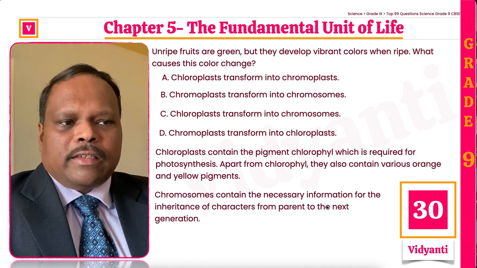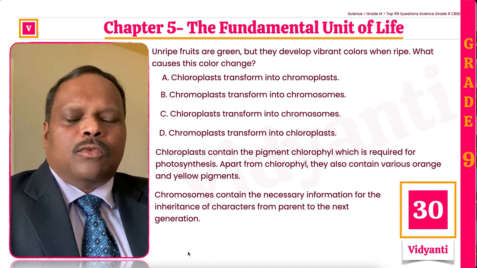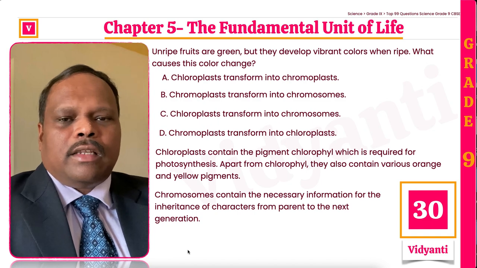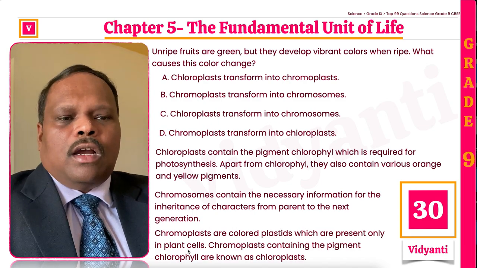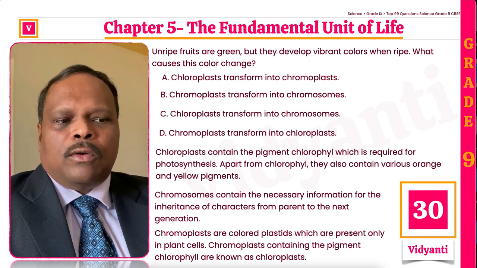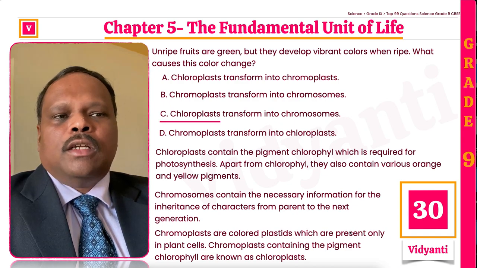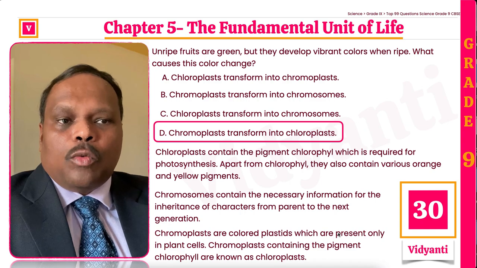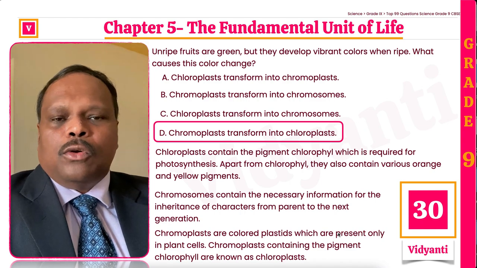Chromosomes contain the necessary information, well, chromosomes are more towards genes and DNA, and that's a totally different thing. Chromoplasts are colored plastids, which are present only in plant cells. Chromoplasts containing the pigment chlorophyll are known as chloroplasts. So the correct option will be chromoplast transformed into chloroplast.